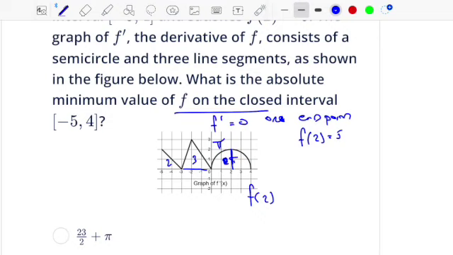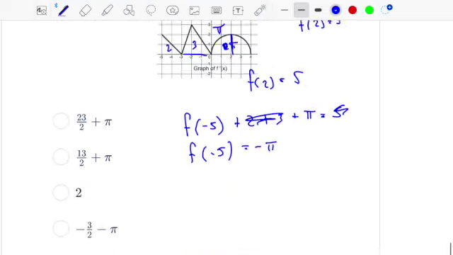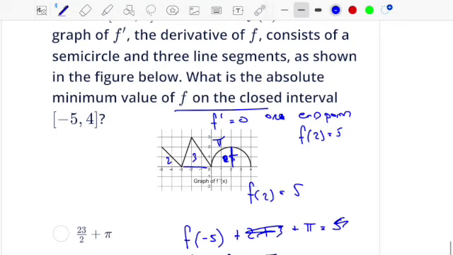F of 2 is 5. So that means that f of negative 5 plus 2 plus 3 plus pi gets us 5. Oh, that cancels with that. F of negative 5 is negative pi. It's not there. So got to figure out something else.